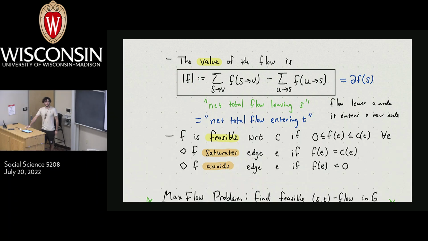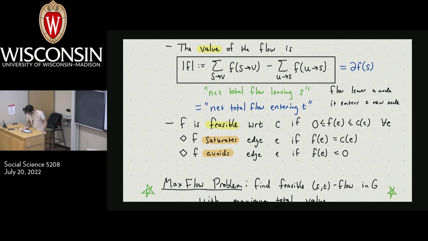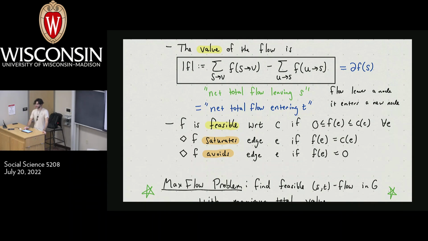So when you're computing the value of the flow, you can either look at how much is leaving S, the net total leaving S, or you could look at the net total entering T. And these two will be the same because flow can only be created from S, it can only be removed from T, and in between, conservation holds. So any flow that enters the node must leave the node as well. So the flow can't disappear anywhere along the way. Okay? Any questions on that? So there's just a lot of definitions at the beginning.